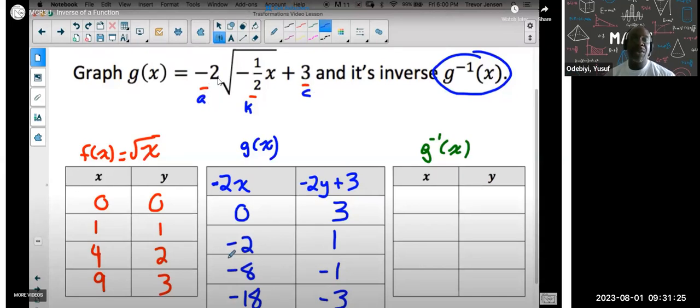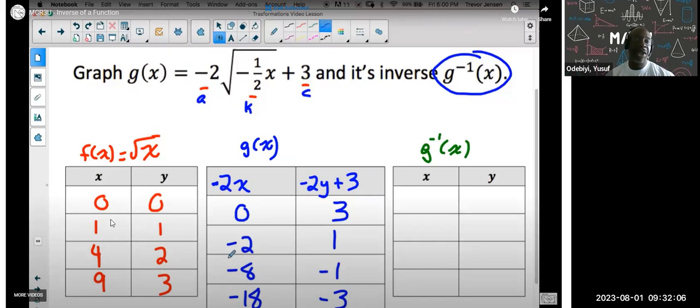A applies to your Y, K applies to your X, and C applies to your Y. The only thing is you probably don't remember, because we haven't taught it, that when you apply a half to X, it's shrinking by 1 over K. If K is a half, then 1 over K is going to equal 2. And this one's going to be negative 2. So you multiply all the X components by negative 2.